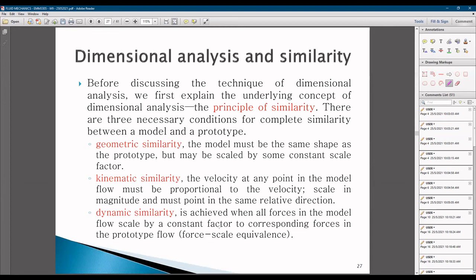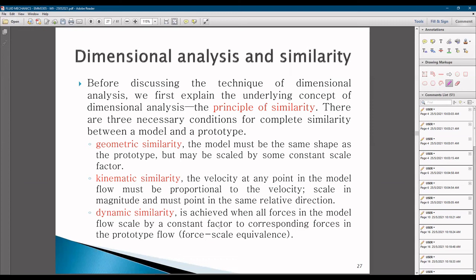But the actual aircraft is huge. You can't actually take that aircraft and put it there. It is not economical. It is way, way too expensive if you want to build that particular wind tunnel.